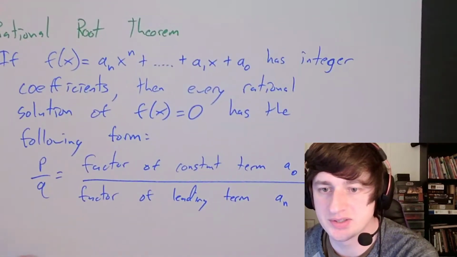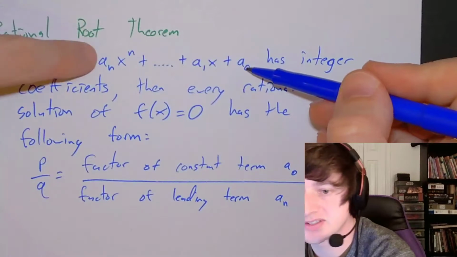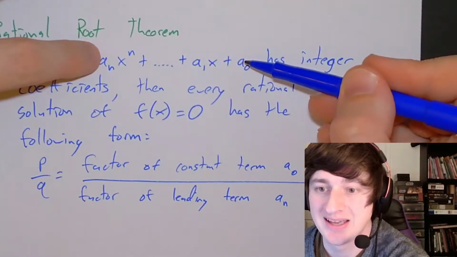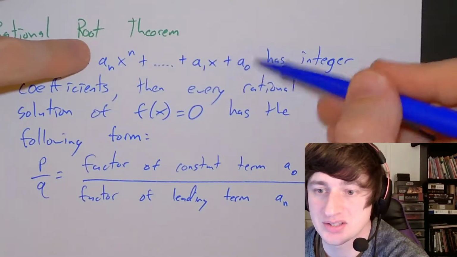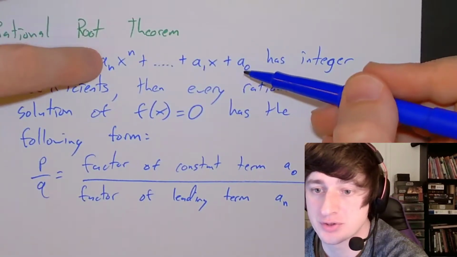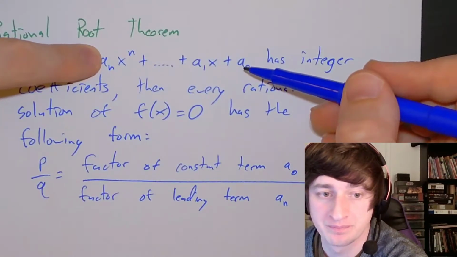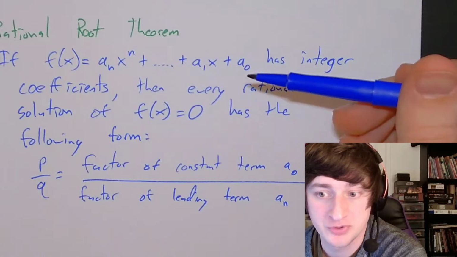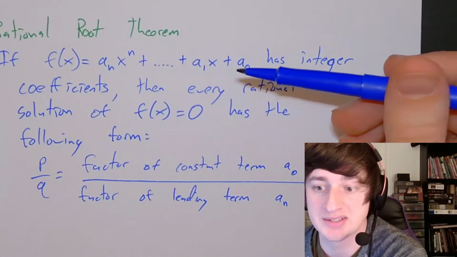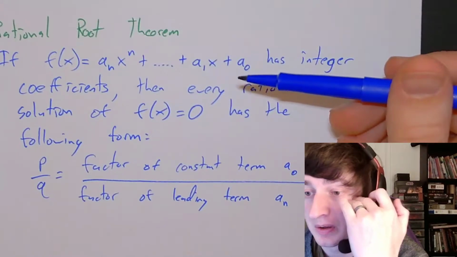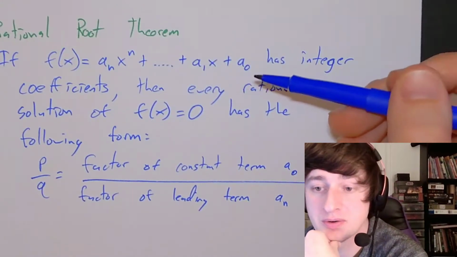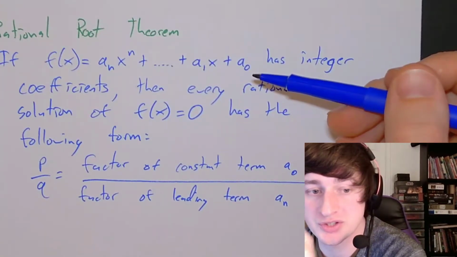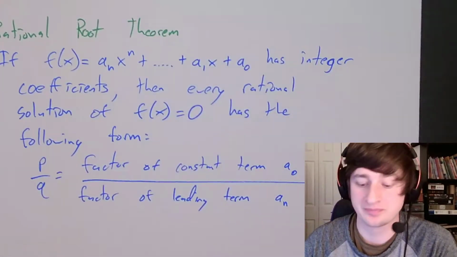So what that means is this first number and this last number, we're going to take all the factors, all the numbers that multiply to make these two things, and divide the last number's factors by the first number's factors. And those are all of the possible solutions. It's going to give us a list, a long list of numbers that might include fractions that could be the solutions. And then we're just going to take that list and check them.